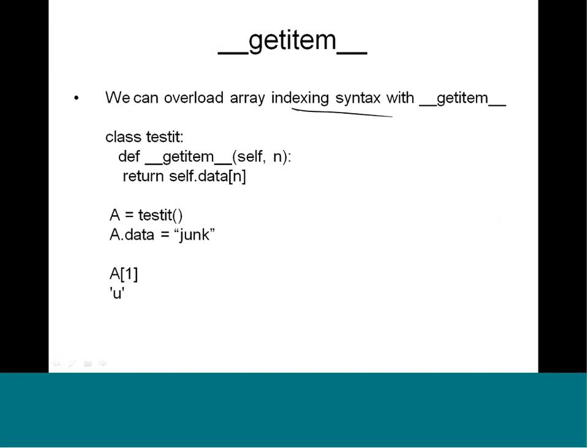So we can overload the array indexing syntax with underscore get item. How do we do that? We define a class called test it, and then we define __getitem__(self, n), and then basically return self.data and then the nth element.